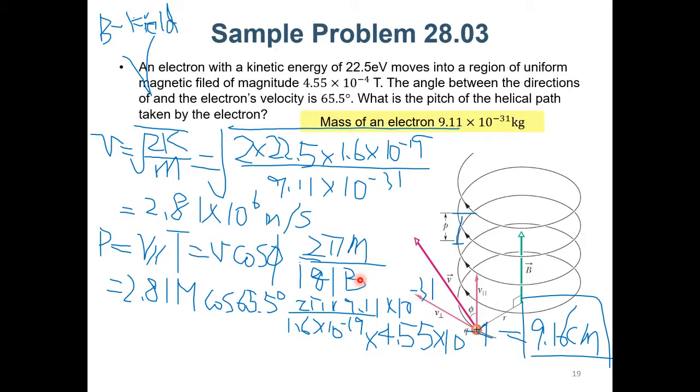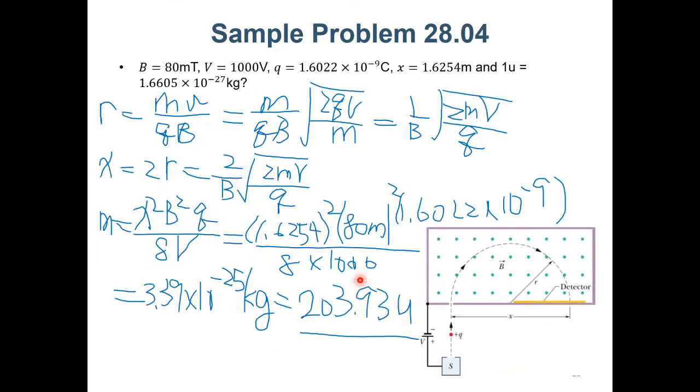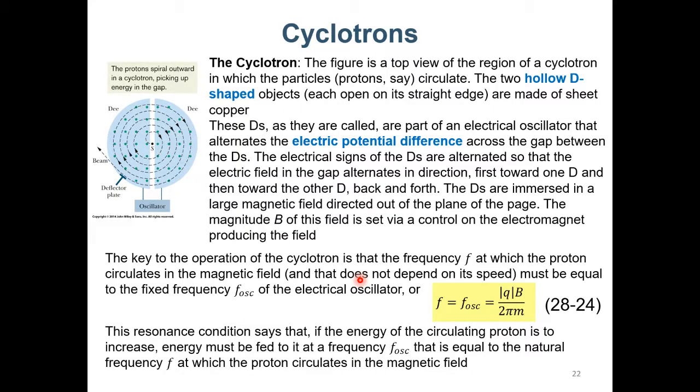So if it goes for a longer path, the speed is actually faster. So the time for going from this to here or this to here is the same. So the frequency here should be fixed.